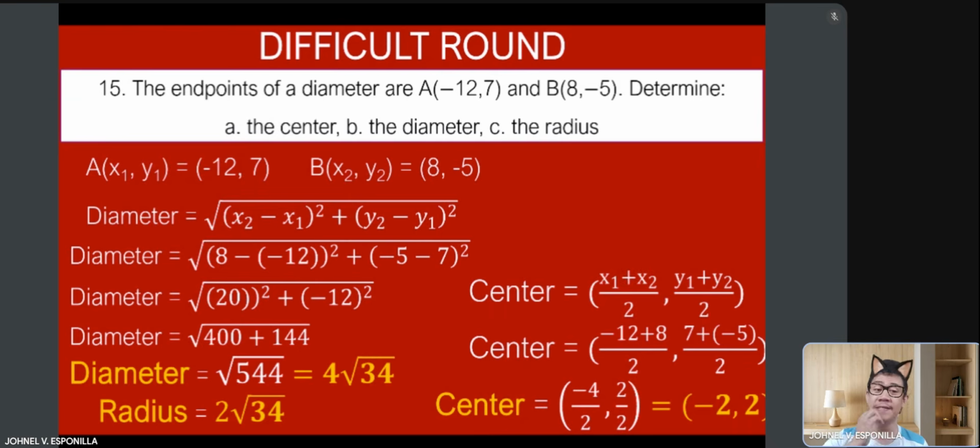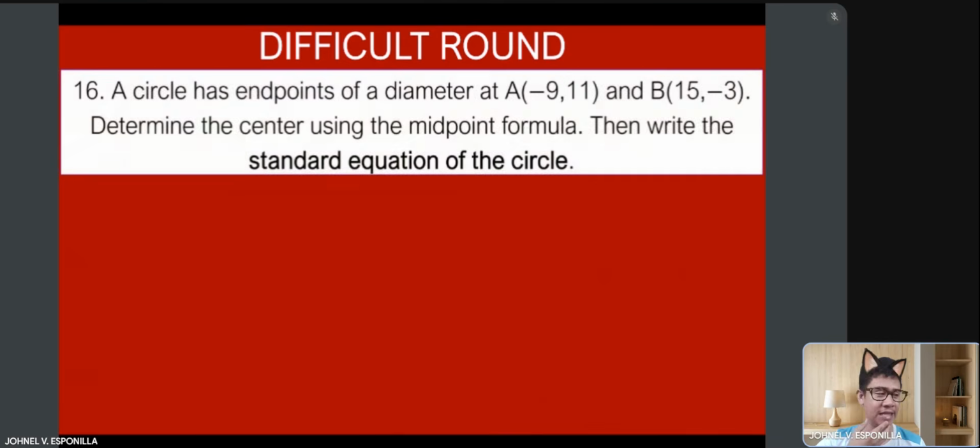Going good? Okay, number 16. A circle has endpoints of a diameter at point A and point B. We will find the center using the midpoint formula and then write the standard equation of the circle.